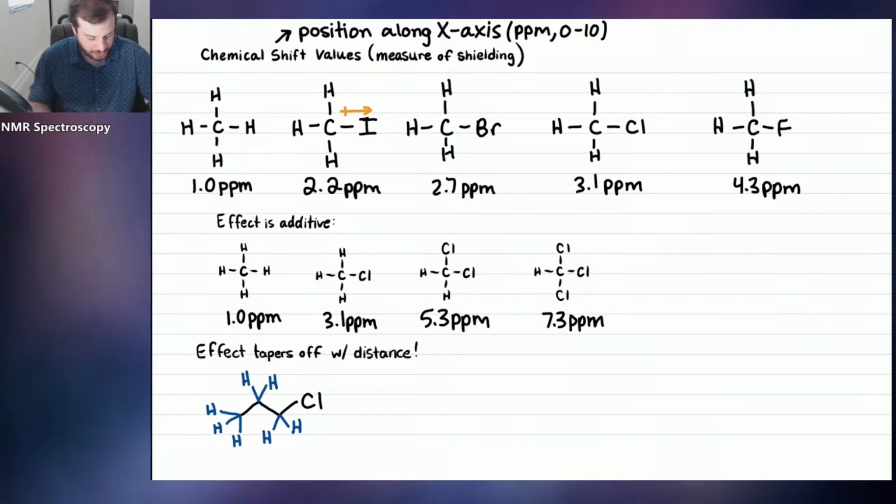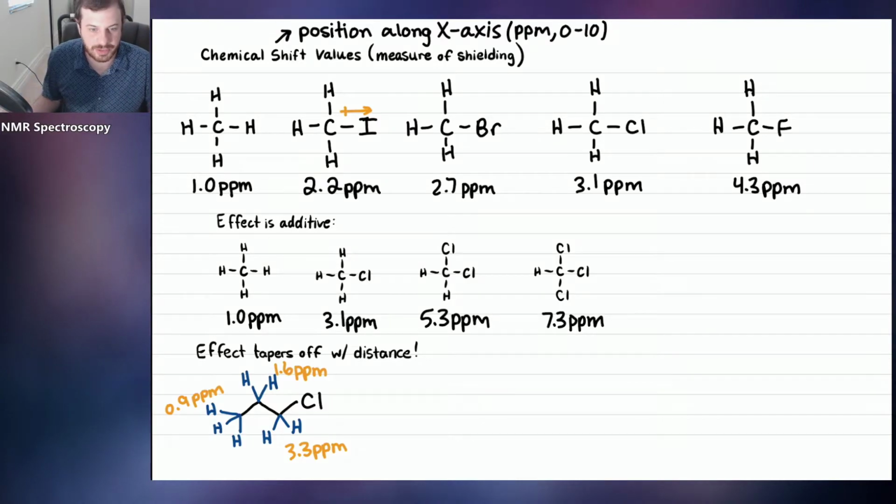So the first two hydrogens, which are really close to the chlorine, show up at 3.3 ppm. But now if we go another carbon away, the effect is not very strong, and those appear at 1.6 ppm. And then by the time you get three away, the effect is pretty much not felt at all, and these are all the way down at 0.9 ppm. So the effect is distance-based. The more bonds you have to go through, the less the inductive effect can play a role.